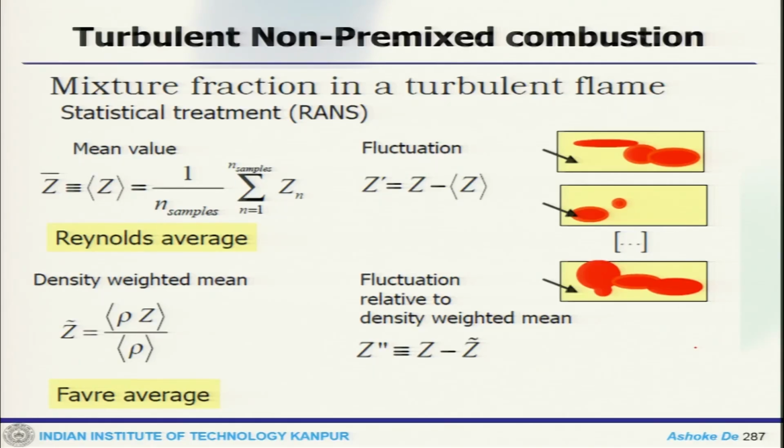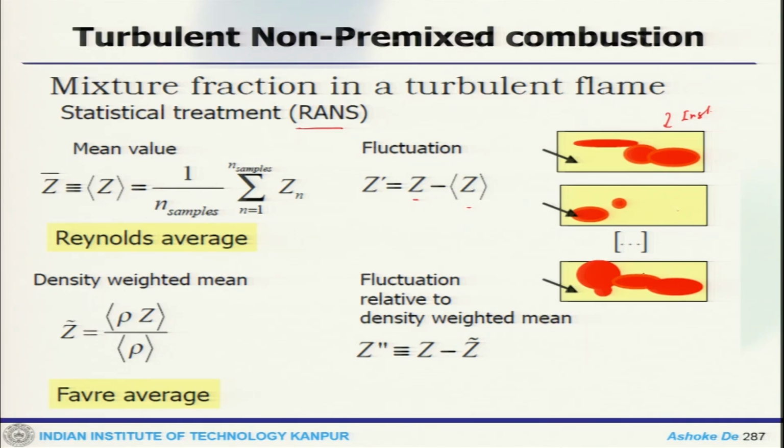Now we look at the mixture fraction in a turbulent flame. Let us say we start with a RANS kind of framework. So we have the mixture fraction, or rather this is our instantaneous value, which is affected by the turbulence, and then you divide that into two components, one is the mean and one is the fluctuation.